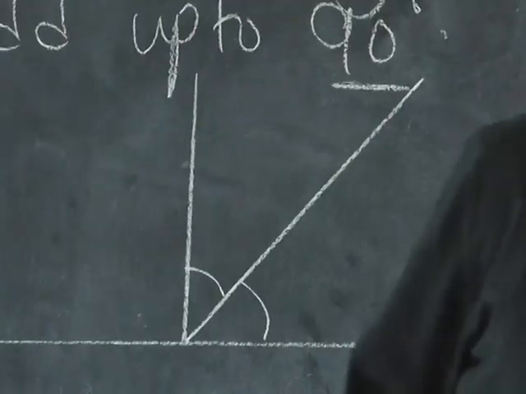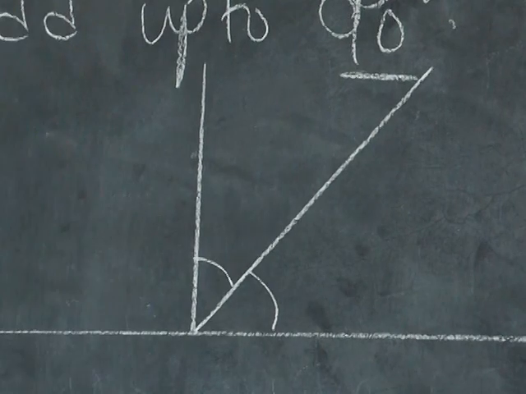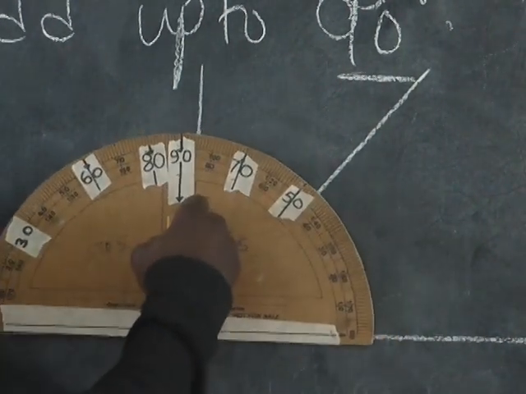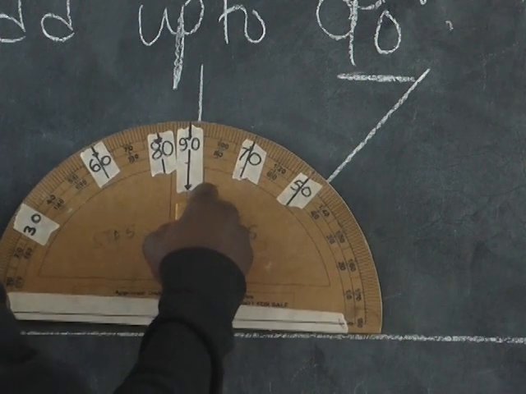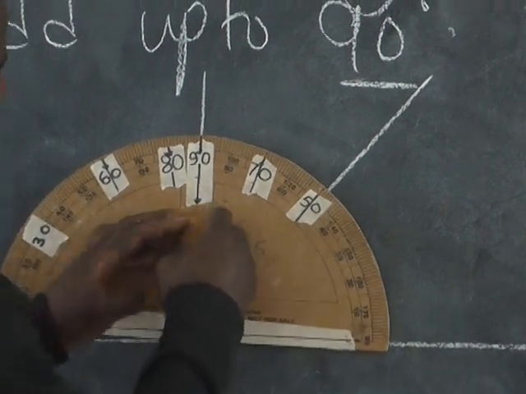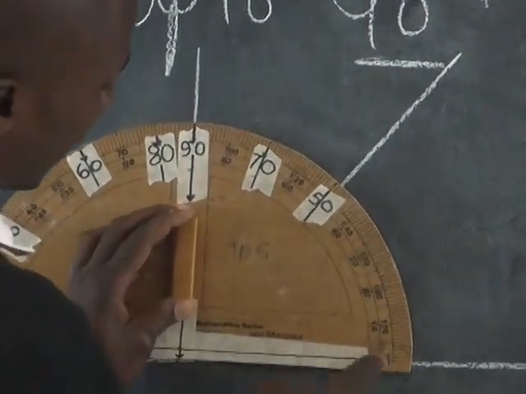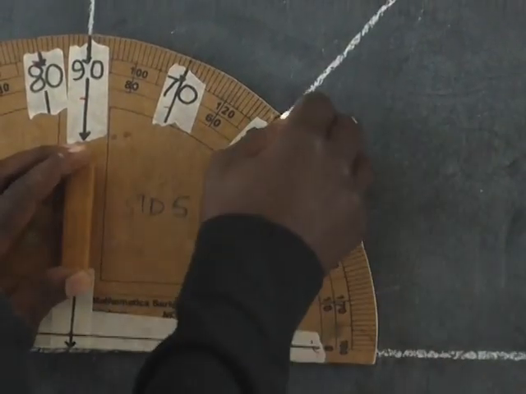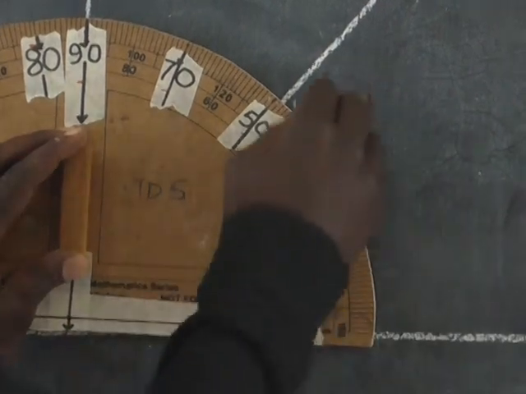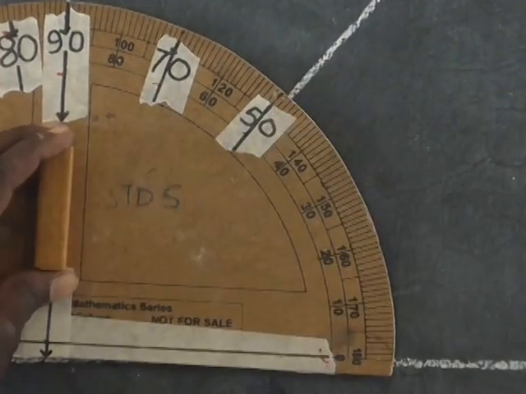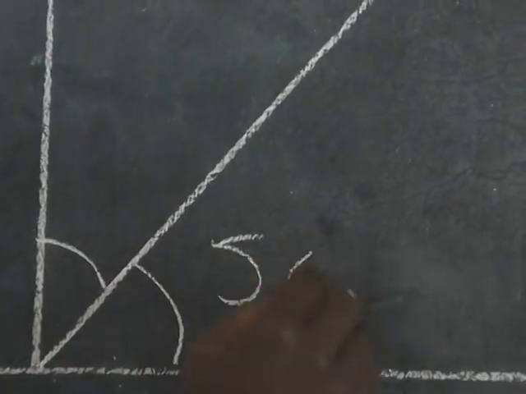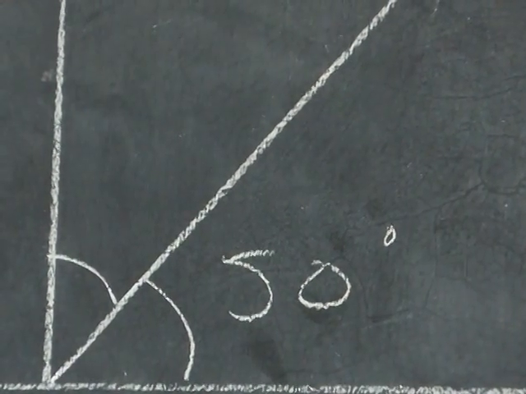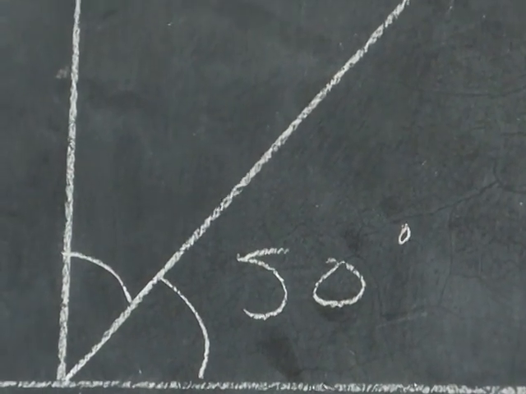Let us measure it. Have you drawn it? Making sure that at this point is 90 degrees. If you measure this one from this point to this point, what do you get? Me, I get mine to be 50 degrees.